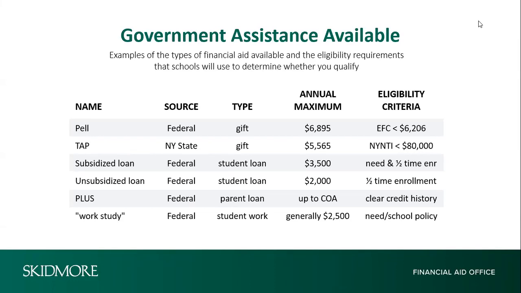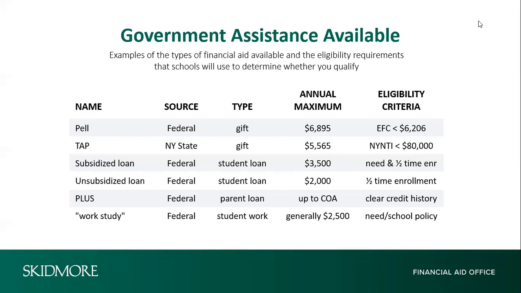And this award is based on your New York net taxable income, which is basically your federal adjusted gross income, less deductions and exemptions. So that income amount has to be less than $80,000 for you to get any TAP award. The minimum TAP award is $500 for the year. In order to get the maximum TAP award, you'd have to have a New York net taxable income of $7,000 or less.